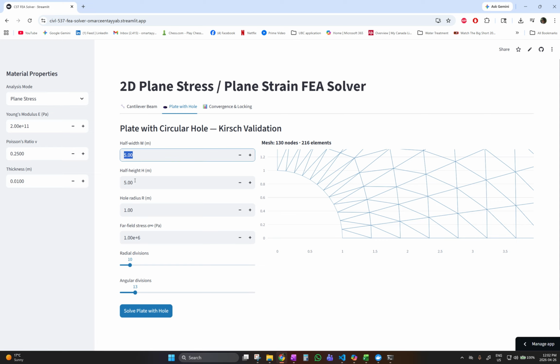These proportions play a really huge factor in how we approximate the Kirsch solution. The Kirsch solution is for an infinitely long plate subjected to a far field stress with a hole in the middle.